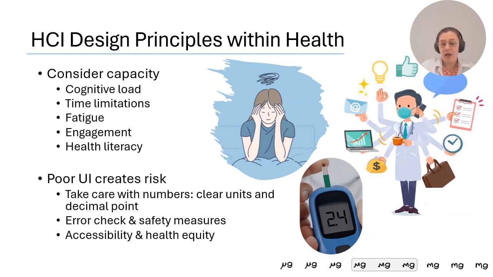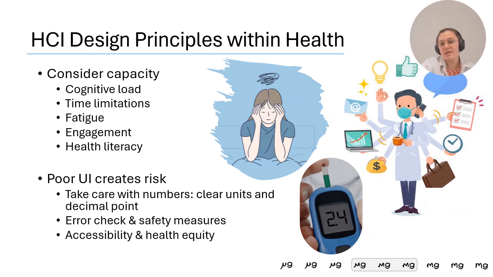And similarly, with handwriting fonts that some systems will use, micrograms is 1,000. So 1,000 micrograms is equal to a milligram. And so this μg that you can see handwritten at the bottom of the screen is a 1,000th of the mg that you can see on the right hand side.